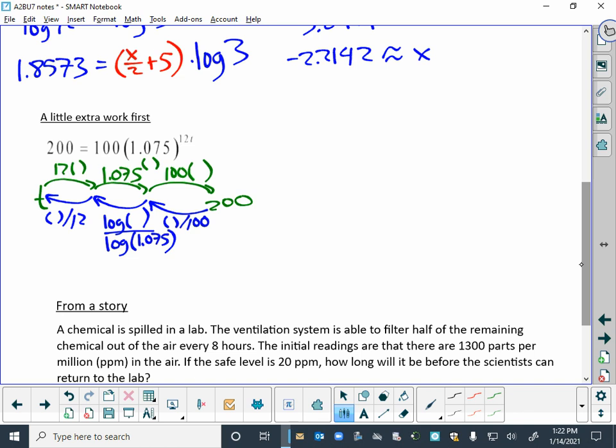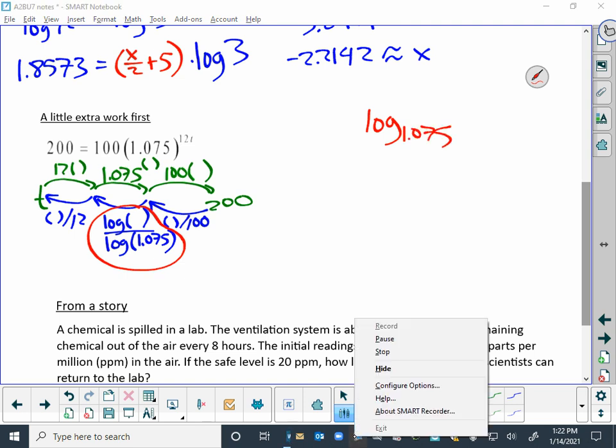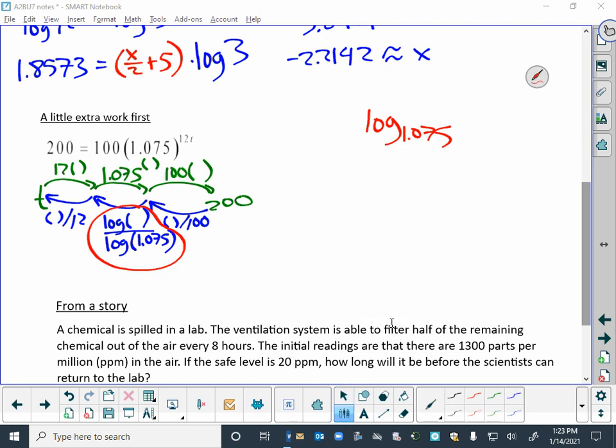So this part in here, again, the first time in a video that we've written this down, but it's combining two steps. It's taking the log base 1.075, but we don't have a 1.075 button on our calculator, but our change of base formula says we can change it to any base that we want.